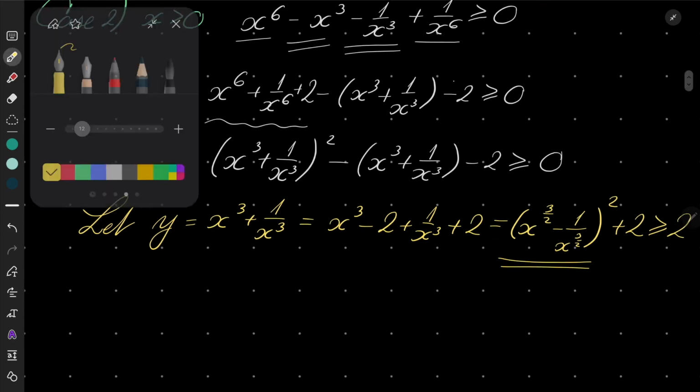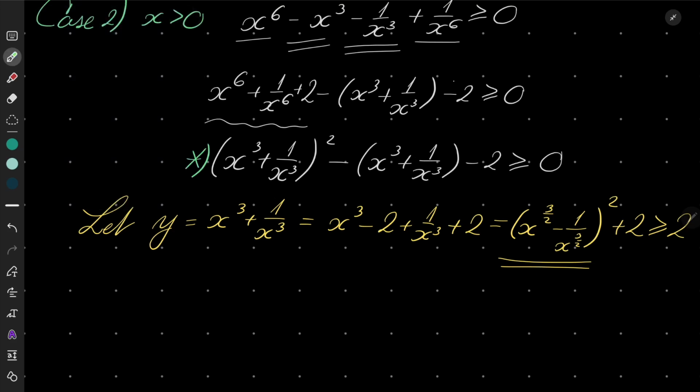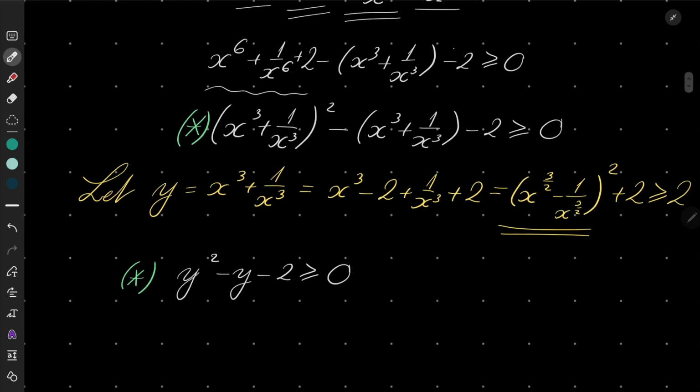And let's take now our inequality asterisk, and let's substitute y equals x cubed plus 1 over x cubed. Then our inequality becomes exactly this: y squared minus y minus 2 is greater than or equal to 0. It's a quadratic inequality.